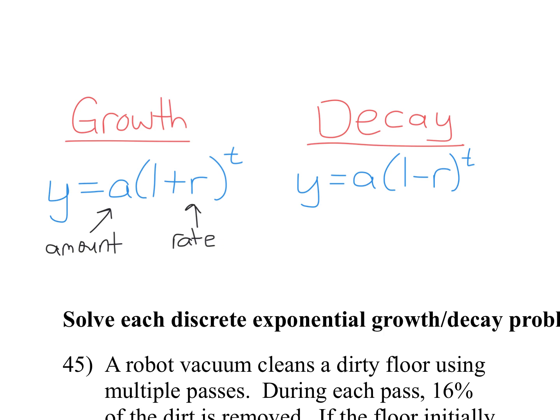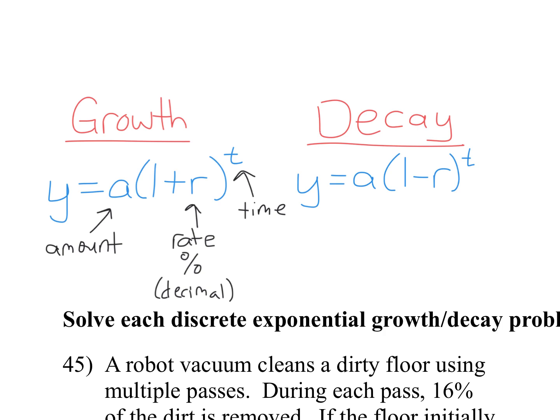What does rate normally come as in a word problem? A percentage. So that R is your percentage that you're looking for. What do you have to remember to do to the percentage? Change it to a decimal. Yep. So I'm going to make this little note for you. You want to change that to a decimal. And then finally, what does T stand for? Time. Yep. And those variables are the same between the growth and the decay.